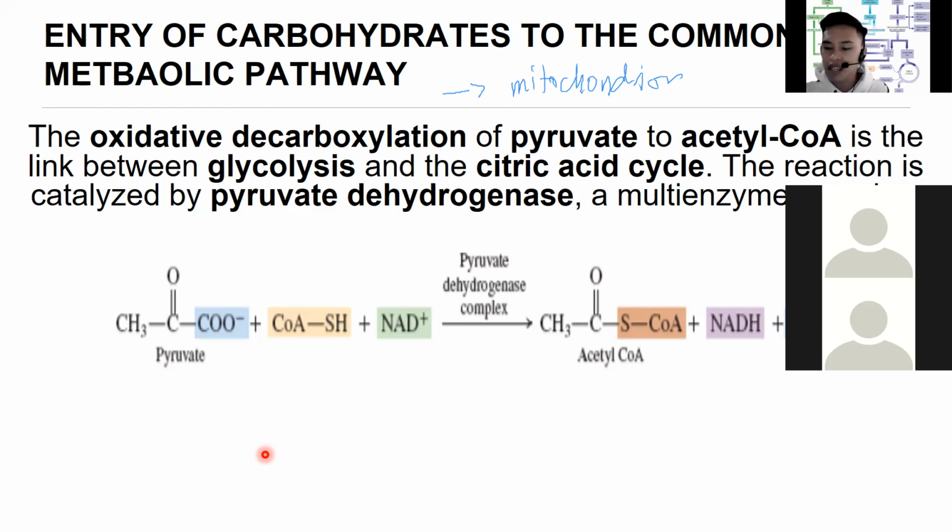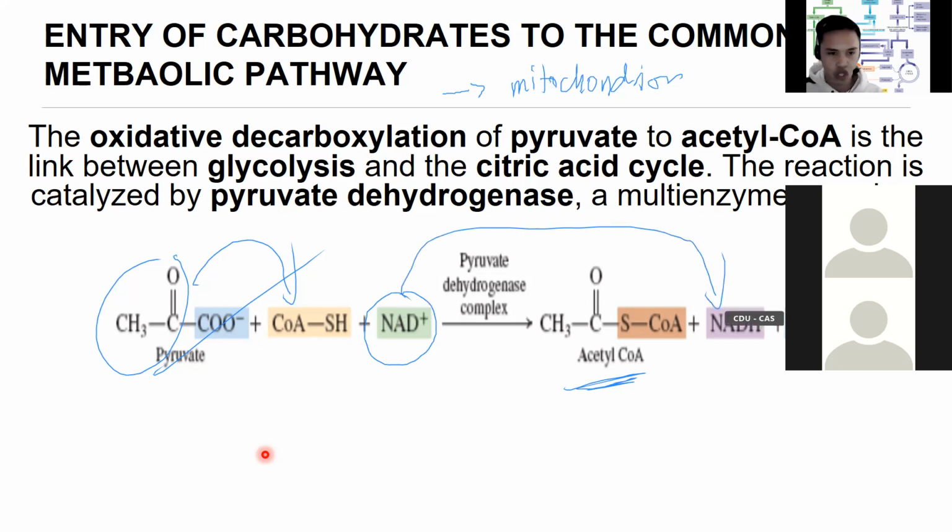What happens here is the carboxyl group is removed from pyruvate, and the acetyl that is left will attach to coenzyme A, forming acetyl-CoA. Because this is oxidative, it needs the conversion of NAD to NADH.